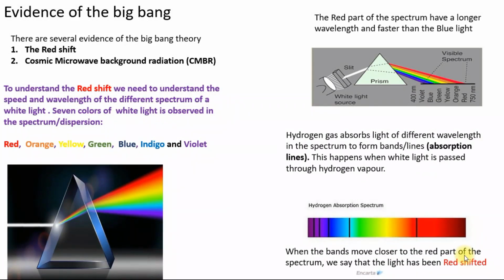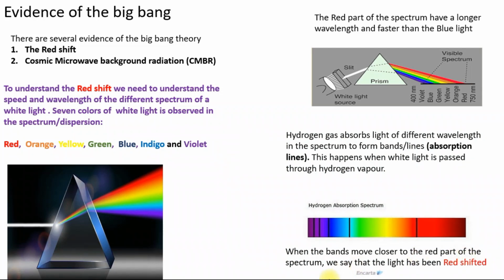Evidence of the Big Bang. There are several evidences of the Big Bang theory. We have two of them here, the redshift and the cosmic microwave background radiation, which is otherwise called the CMBR. Now, to understand the redshift, we need to understand the speed and wavelength of the different spectrum of white light.